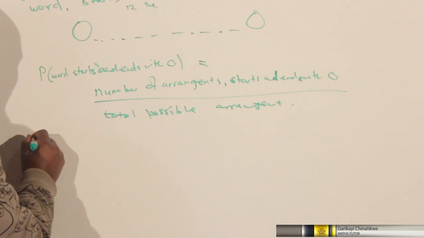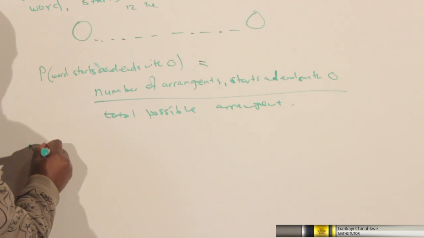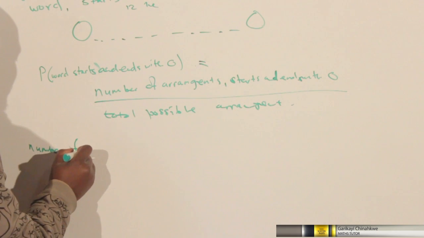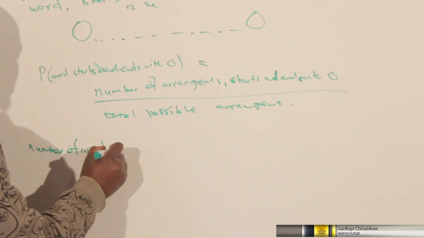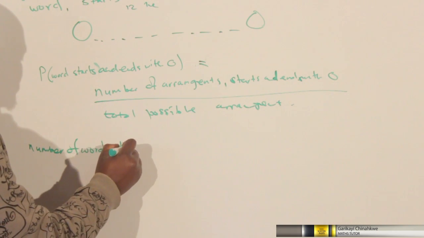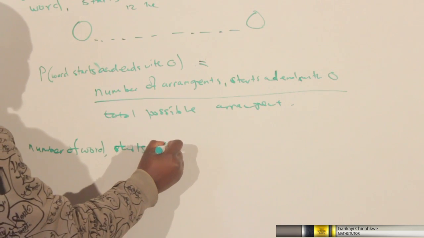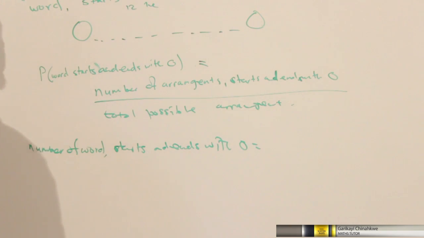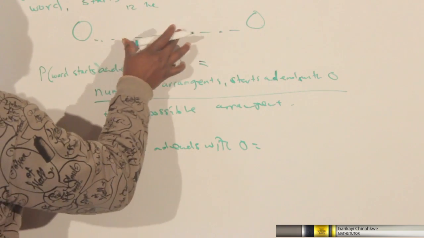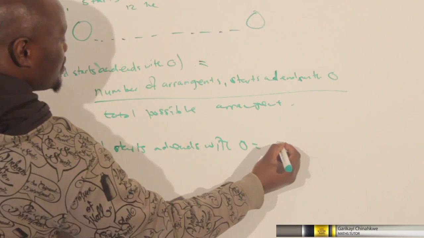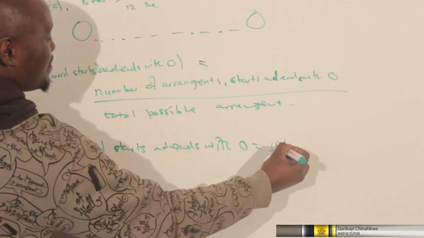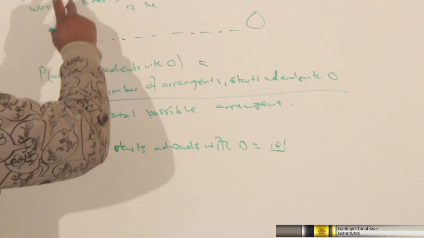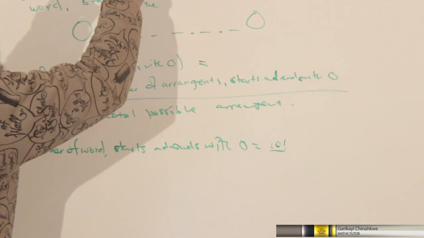So the number of words where it starts and ends with O is going to be given by 10 factorial over... These two O's are out, aren't they?